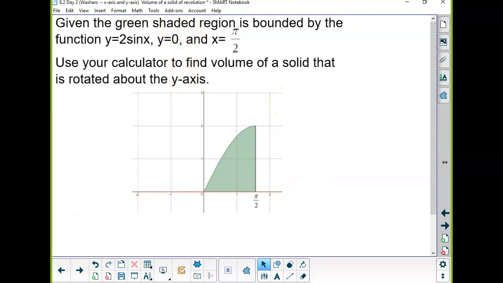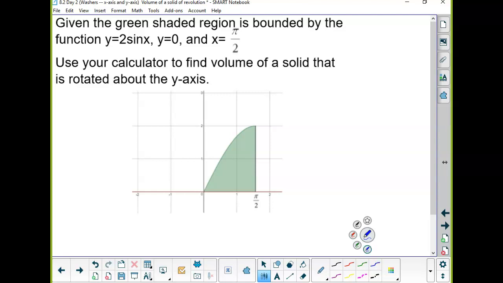Now sometimes they'll give you a graph. Sometimes, like we saw in the homework the other day, you have to create the graph based off of your knowledge of all the functions that we studied, pre-calc, calculus, and before that. So we've got the equation y equals 2 times the sine of x.